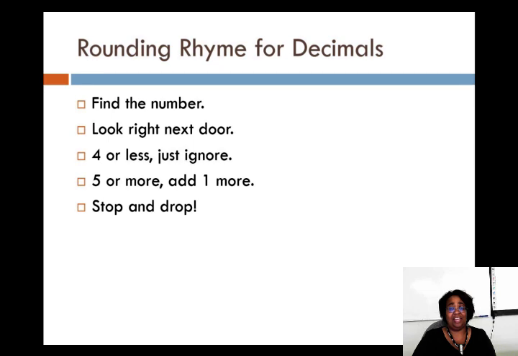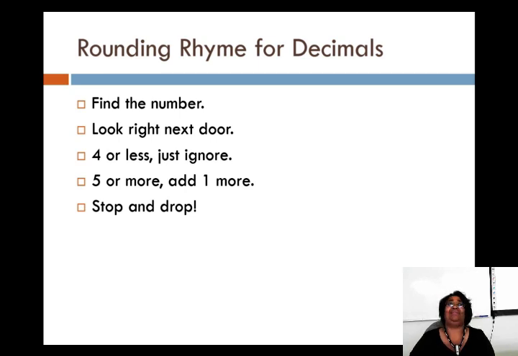This strategy has 5 lines, and they're all important. The first line says, find the number. When I say find the number, I mean go find the place value that you need to round to and underline it. And then on the second line it says look right next door. Once you find that place value that you're rounding to, you're going to look to the right.